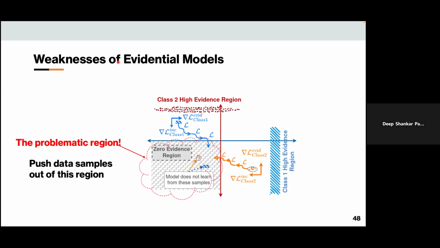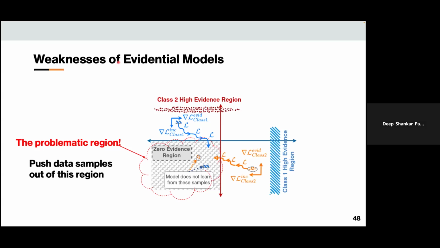If a sample is mapped to this region, and we could push it outside, the evidential framework could enable the model to learn from those samples. So we wanted to design a regularization that could push the samples outside this region. Once the samples are out of this region, the evidential framework can enable accurate learning, and the model's uncertainty would be reasonable. Learning would also be reasonable.